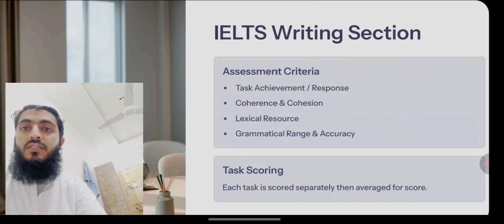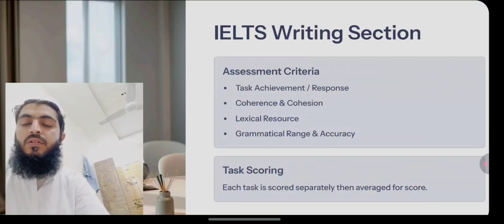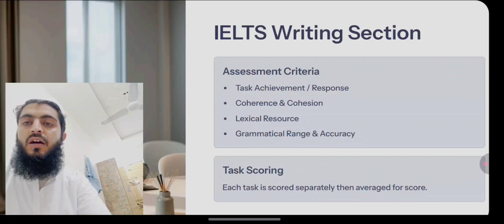So task achievement and response are important. If you attempt a wrong question, or if your answer is not exactly what they demand from you, it means your task achievement is not perfect.